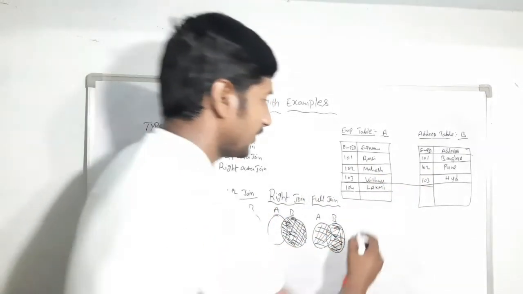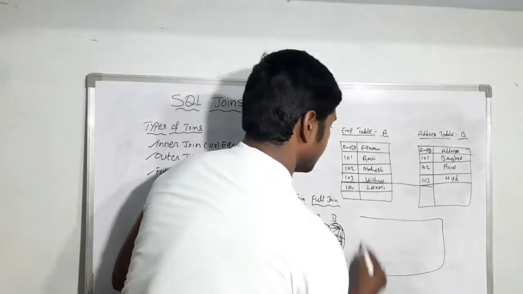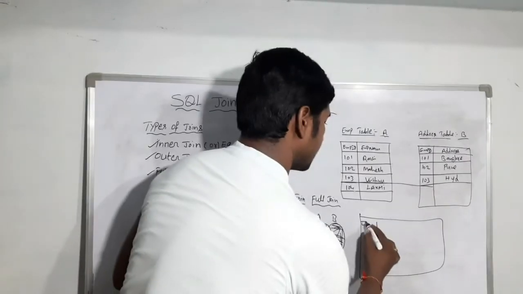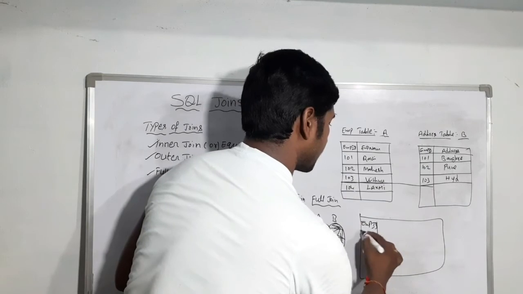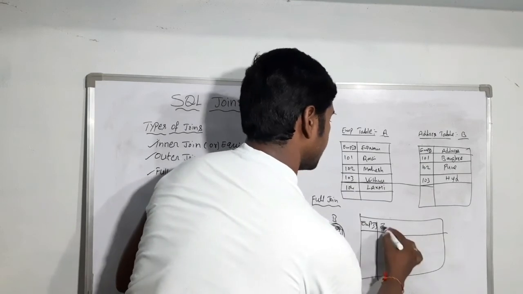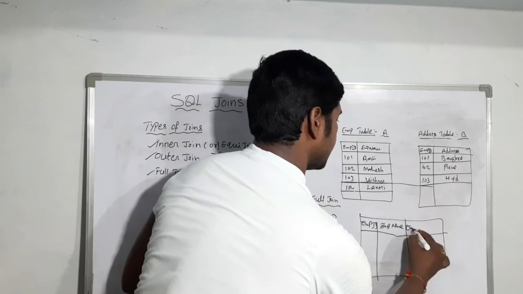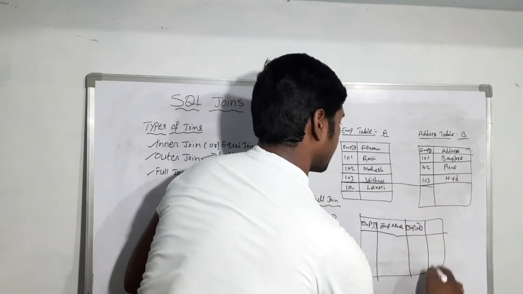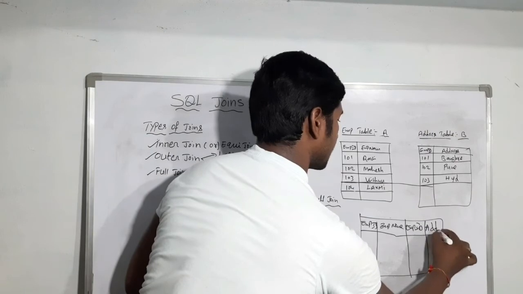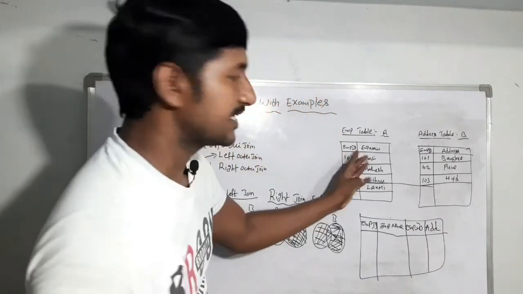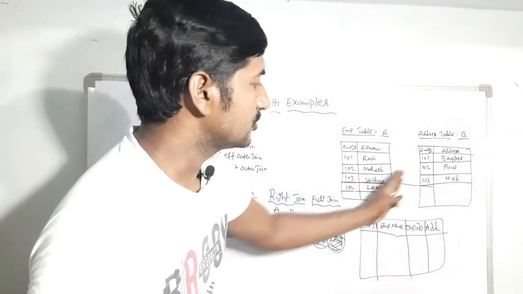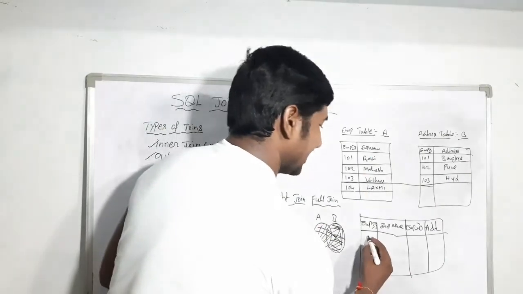The output will be like this from these both tables: emp id, emp name, employee name, again emp id, address. So whatever the matching records are there from both tables we will get by using inner join.